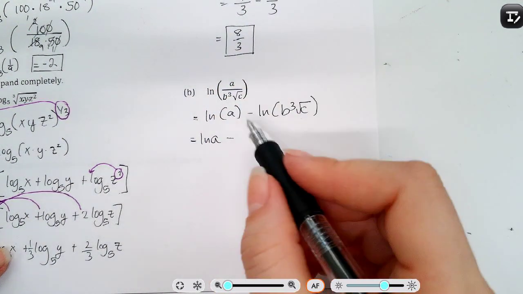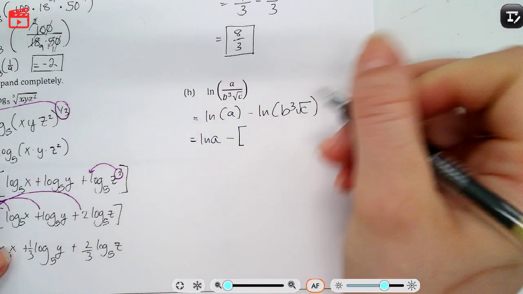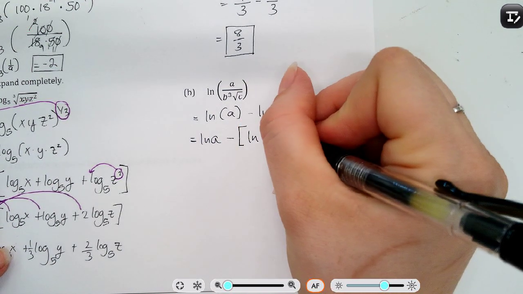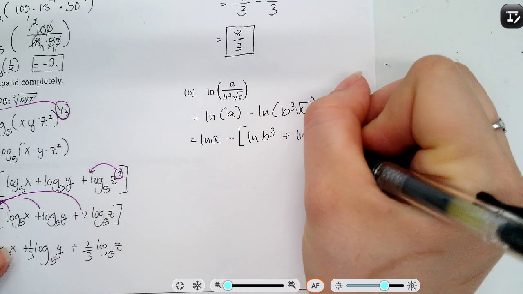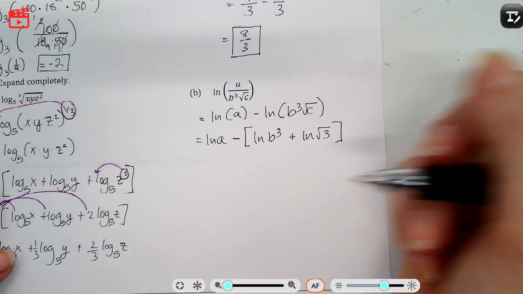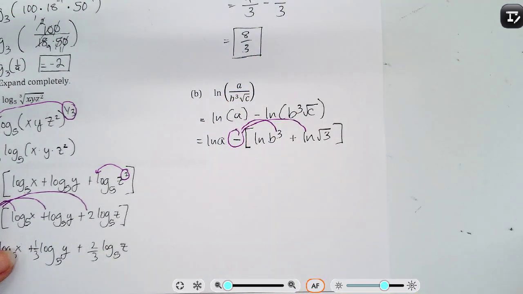Now be careful. Once again, this minus is going to apply to whatever this simplifies out to. So I'm going to go ahead and put my parentheses. So that's going to be natural log of b cubed plus natural log of the square root of c.